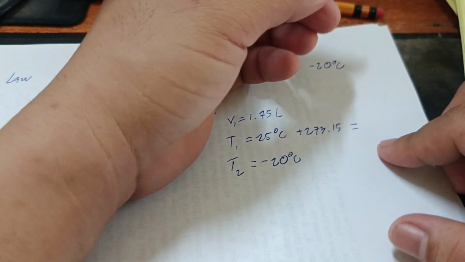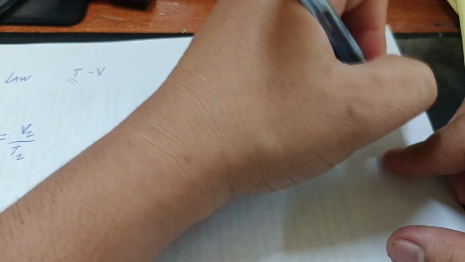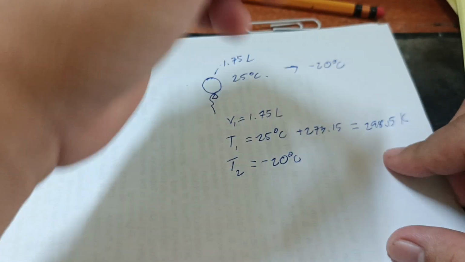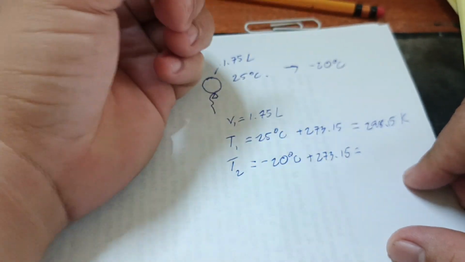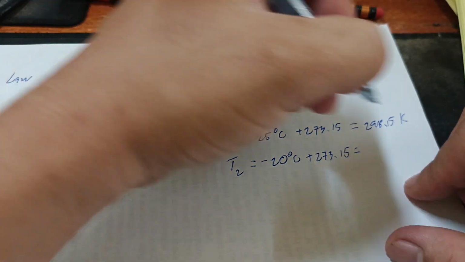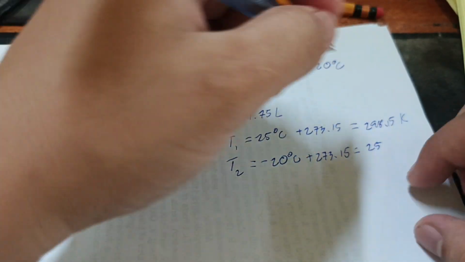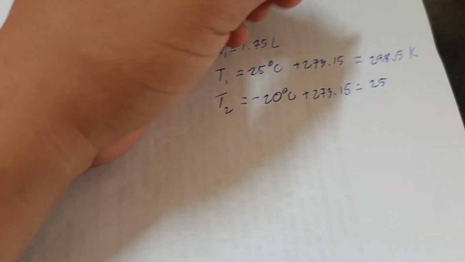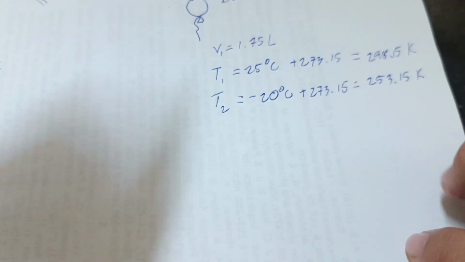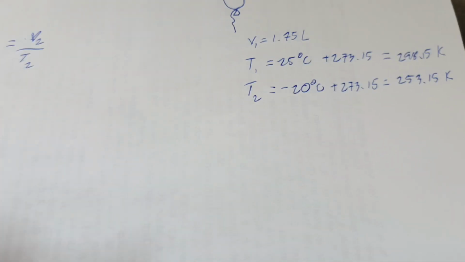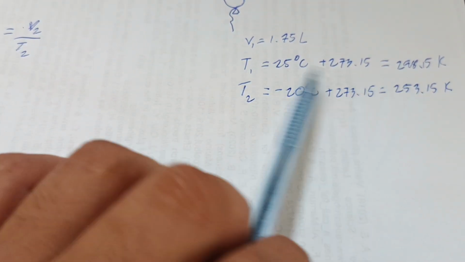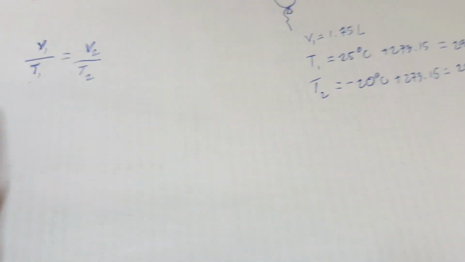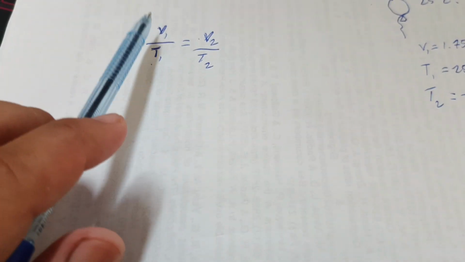That arrives at around 298.15 Kelvin, and this one here is around 253.15 Kelvin. So now we have converted our temperature units and we have the initial volume. All you have to do now is use the equation.